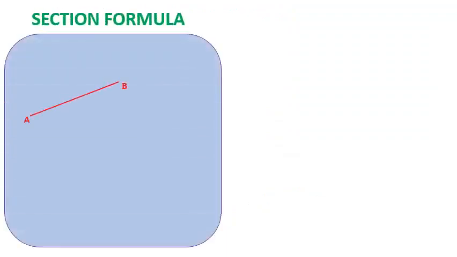Move on to the section formula. Consider a line segment AB and a point P in between A and B. Whenever the point P lies on the line AB, we can say that P is dividing the line segment AB into two pieces. The first part is AP and the second part is PB. Means the point P divides AB in a ratio m1:m2.